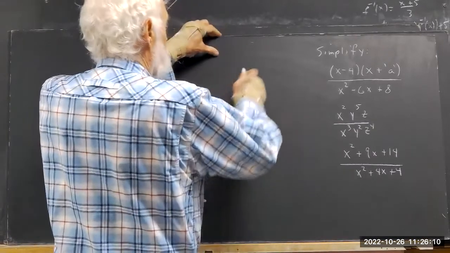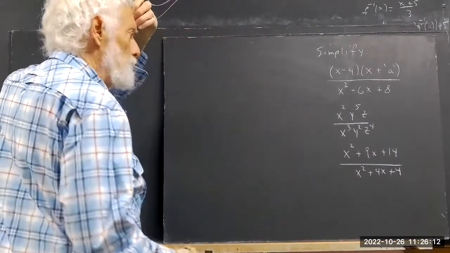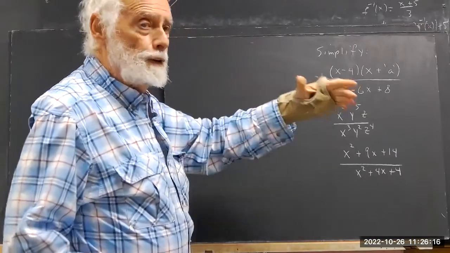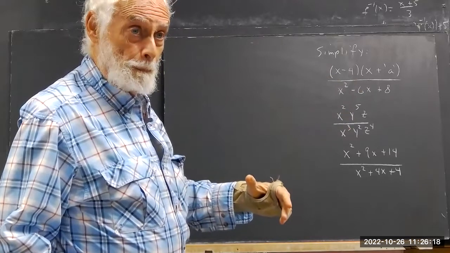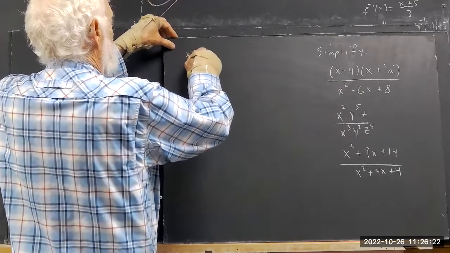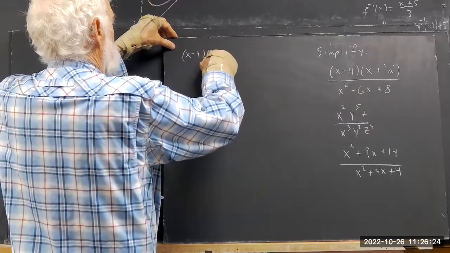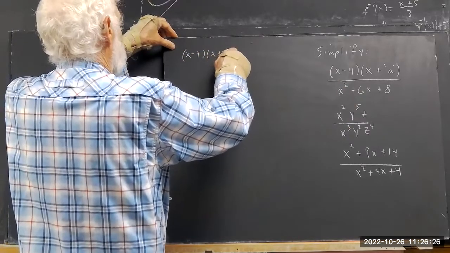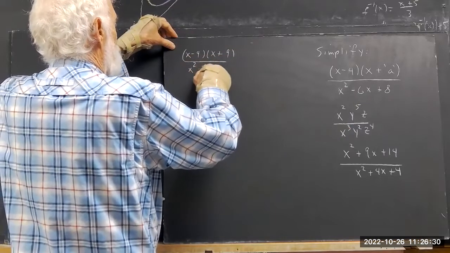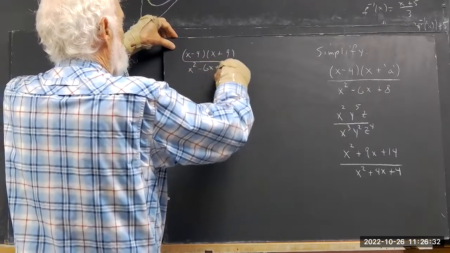So this first problem, let's talk about two things. First of all, what happens when you factor, and second of all, how do you write down your solution? Okay. So we've got x minus 4 times x plus 9, divided by x squared minus 6x plus 8.